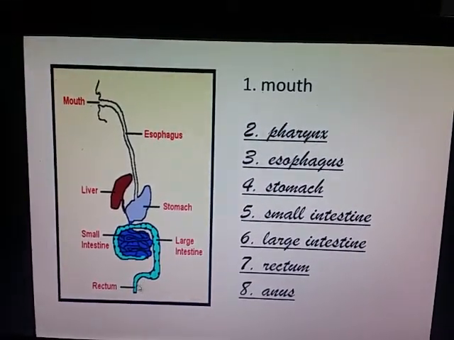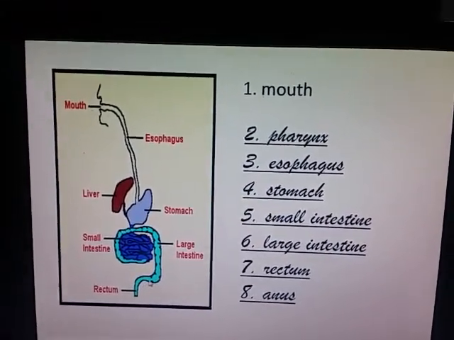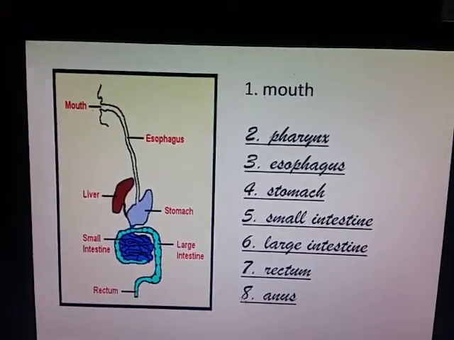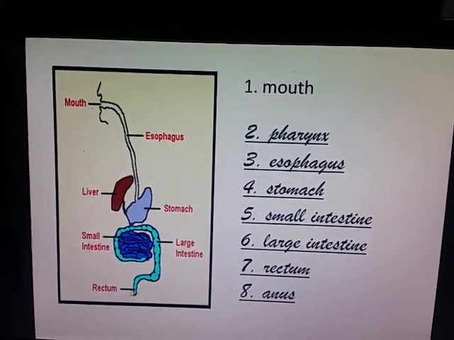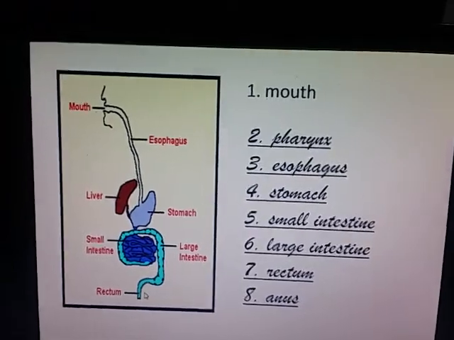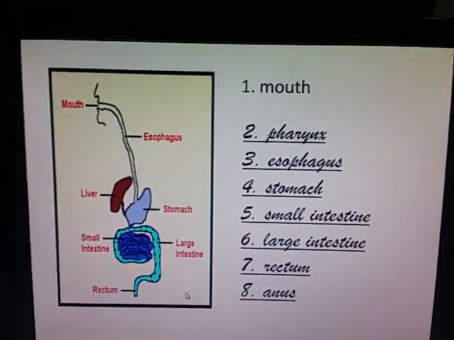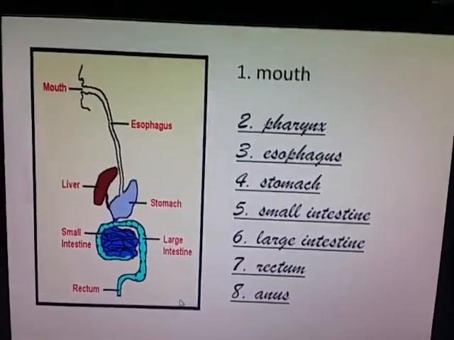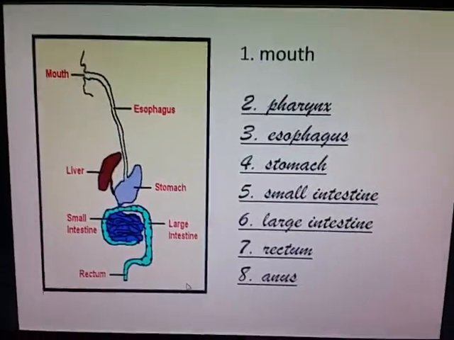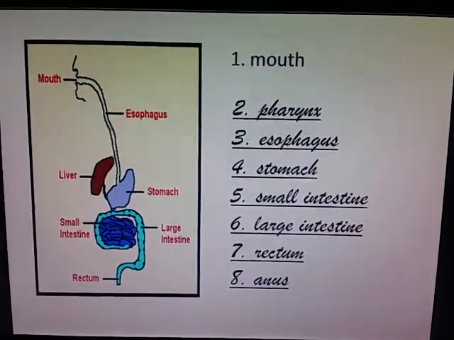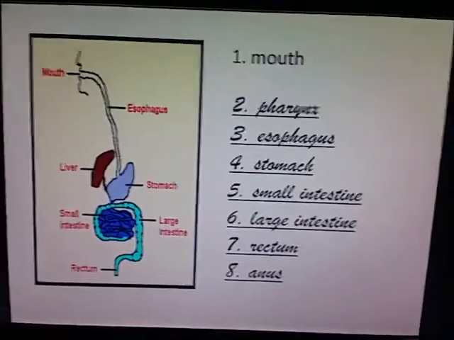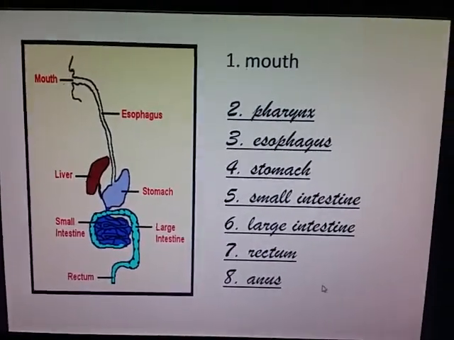It's the last part of the pipe that leads all the waste to the anus. The anus is the end of the digestive system, and it makes food get out of your body in the form of waste. The waste we are talking about is feces, or in a silly way, poop. Sorry to talk about that.